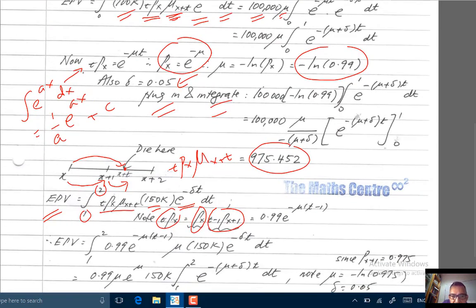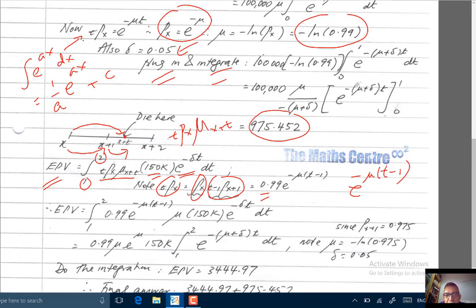Good. Px we know, they gave us 0.99, and t-1 px+1 will be equal to e to the power of minus mu (t-1). Note, we have to work out the value of mu for age x+1 to x+2. That can be done quite easily because we are given px+1 is 0.975.